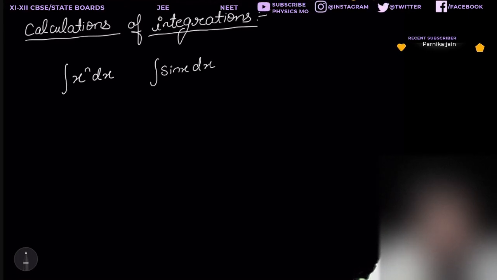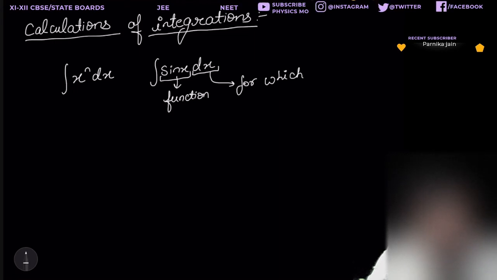We have understood what this means. This is basically the function that you are integrating. And dx means the part for which this function is assumed to be constant. Changing this much value doesn't change the function significantly.